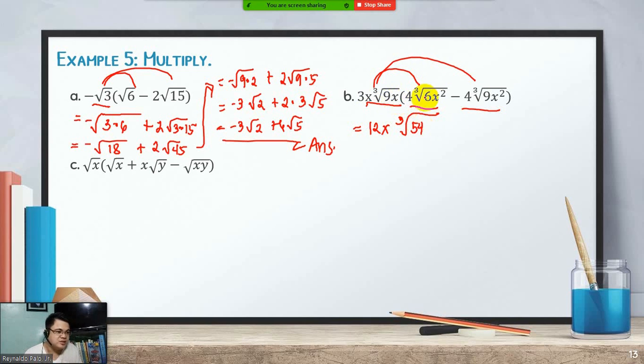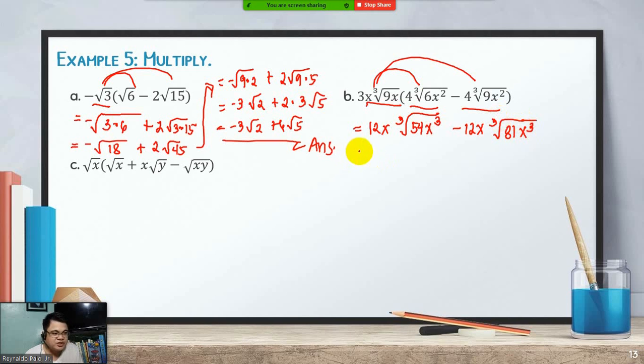Then x times x squared is x cubed, minus 3x times negative 4 is negative 12x. Then cube root of 9 times 9 is 81. Then x times x squared is x cubed.